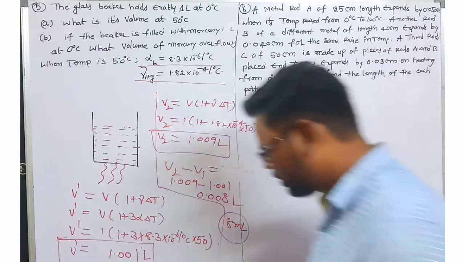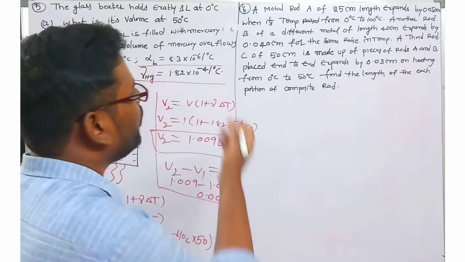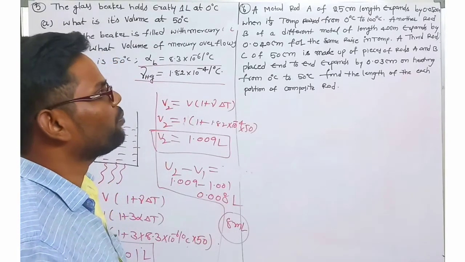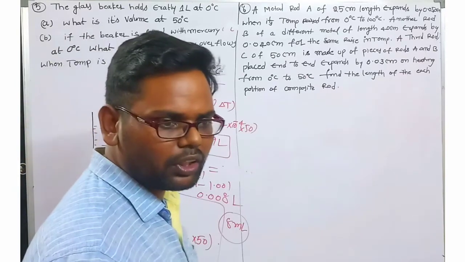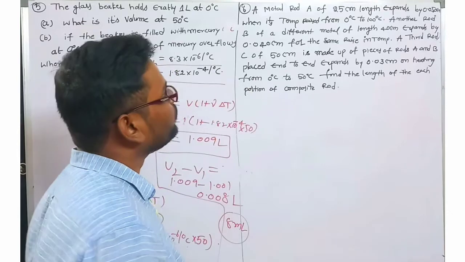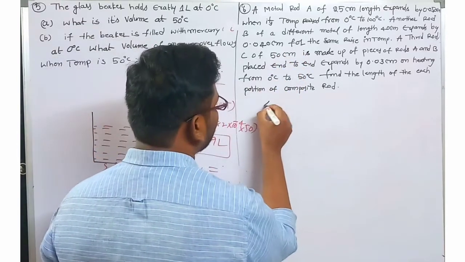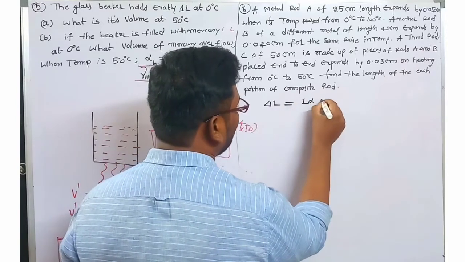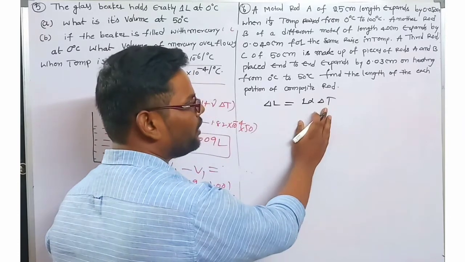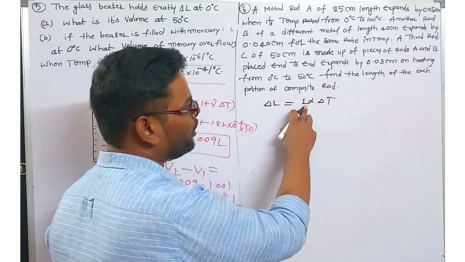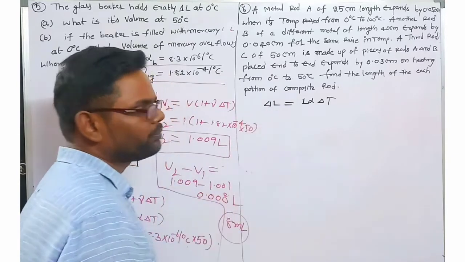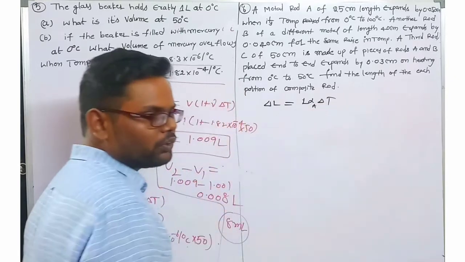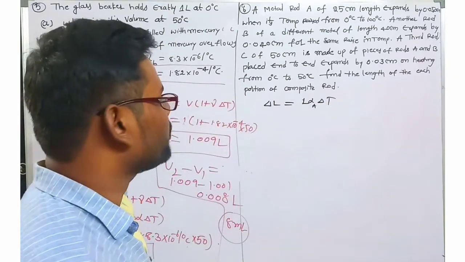Right. So in the first case they have given metal rod A of 25 centimeters length, which expands by 0.05 centimeters when its temperature is raised from 0 degrees Celsius. Here we have to find alpha A, based on delta L equals L alpha delta T. Delta T, L and delta L are all given, so we can find the linear coefficient of expansion.